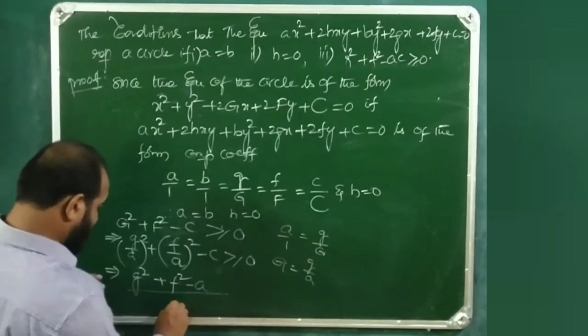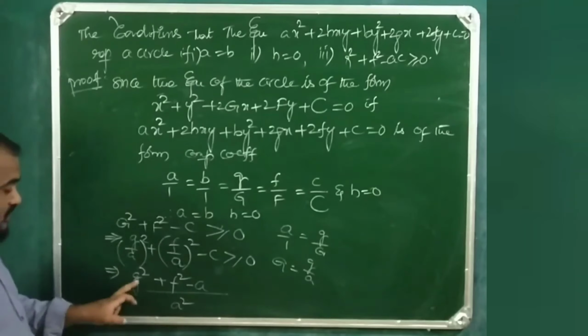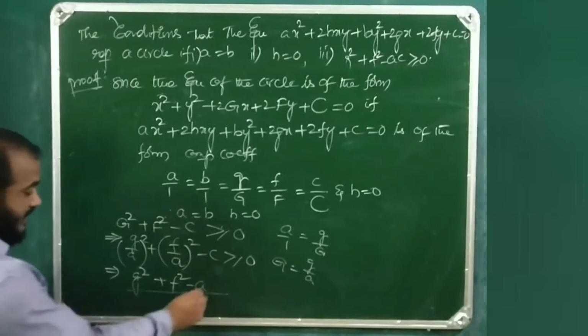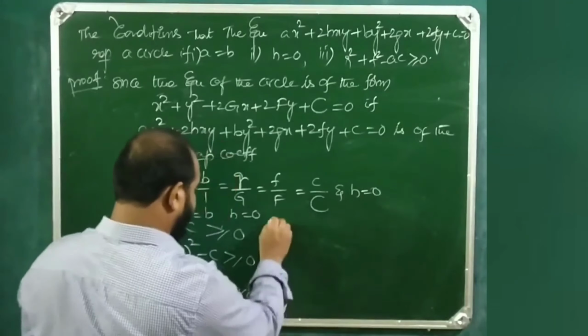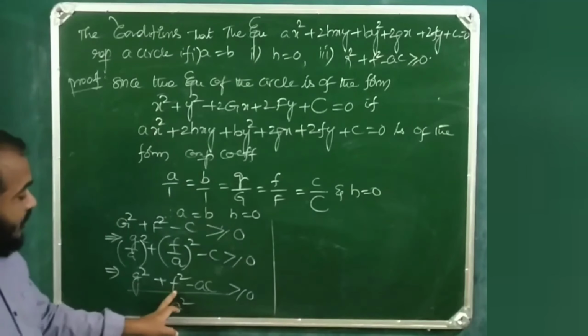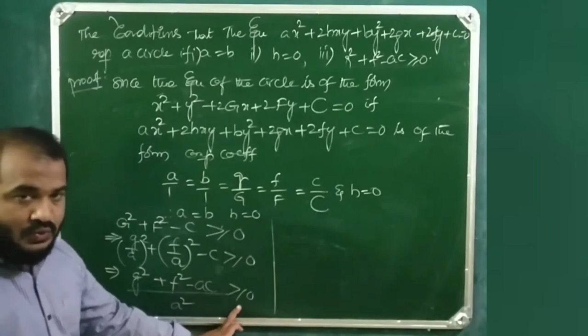LCM here is a square. So g square plus f square minus ac is greater than or equal to 0.